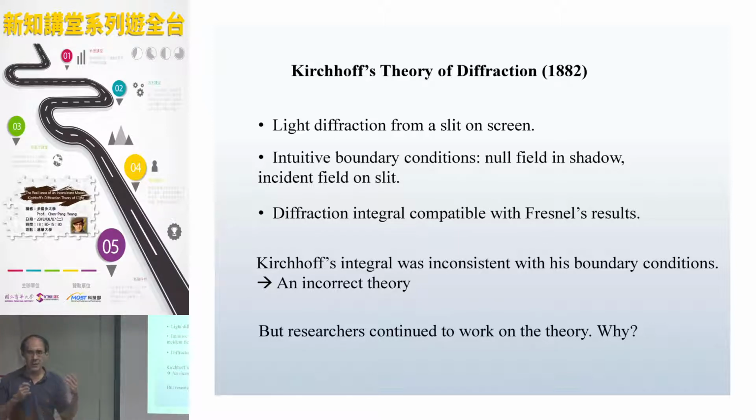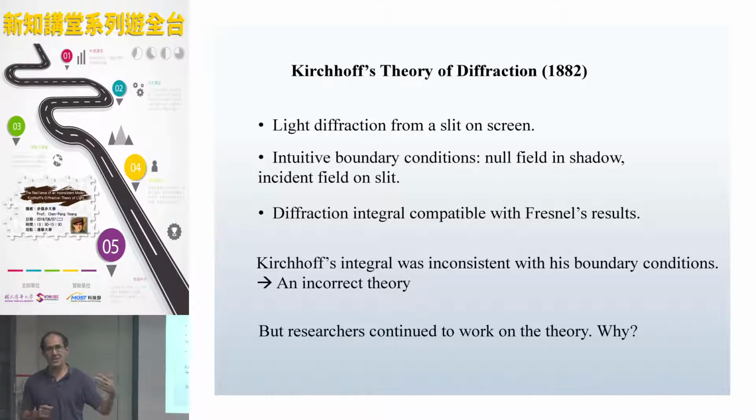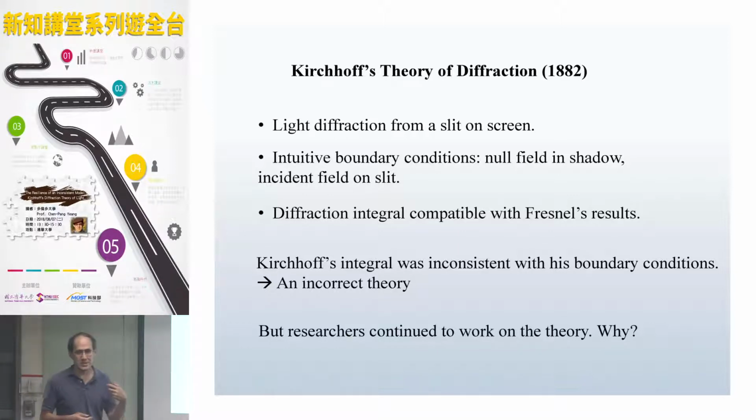In other words, the diffraction integral coming out of Kirchhoff's theory cannot reproduce itself on the boundary that he's dealing with, namely on the screen and aperture. So this is an inconsistent theory because the field result does not reproduce its boundary condition.